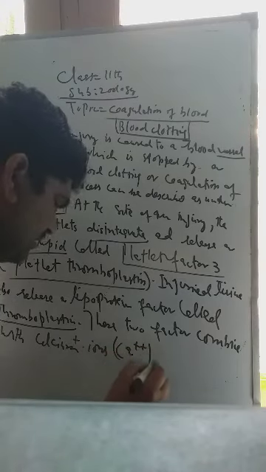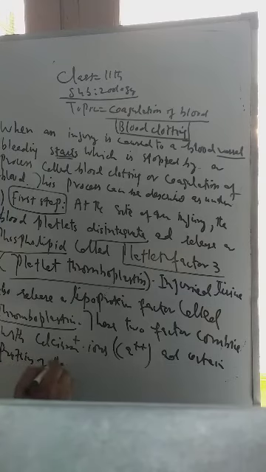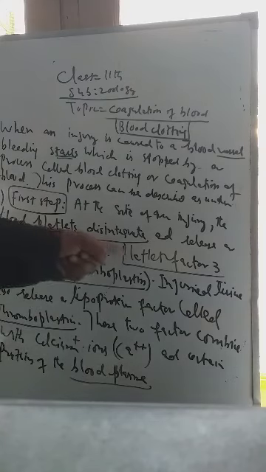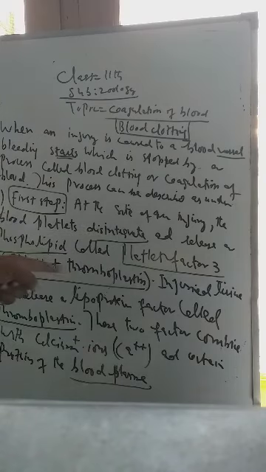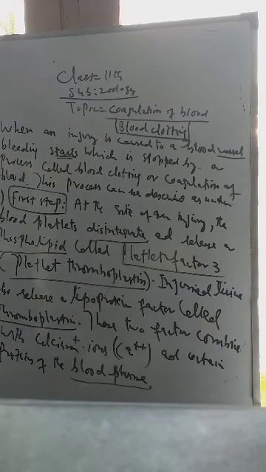When these two factors, platelet factor 3 or platelet thromboplastin, and the thromboplastin released by injured tissue, combine with calcium ions and certain proteins of the blood plasma, they form an enzyme.